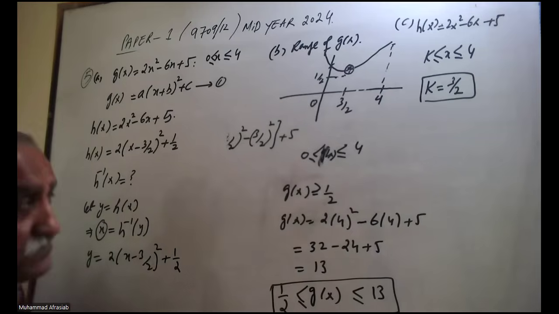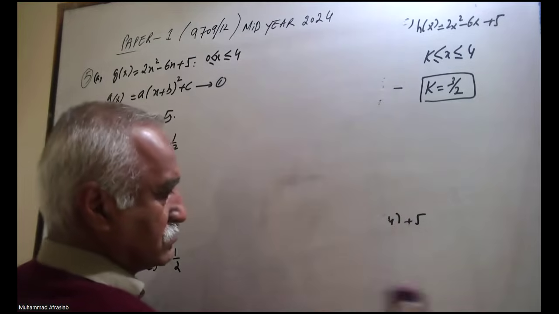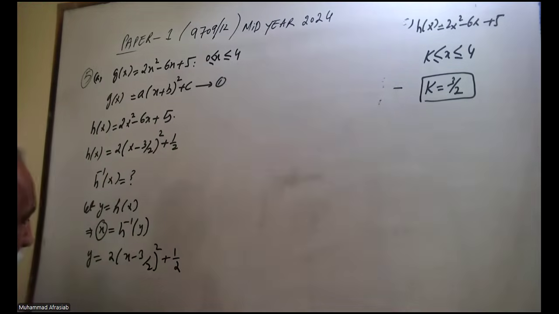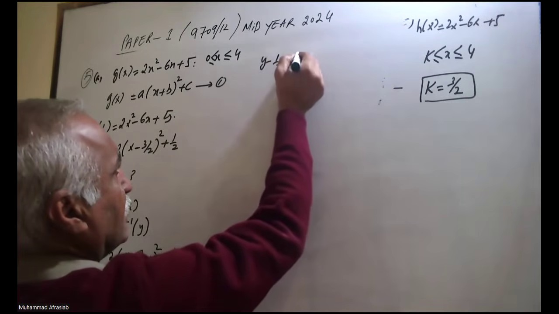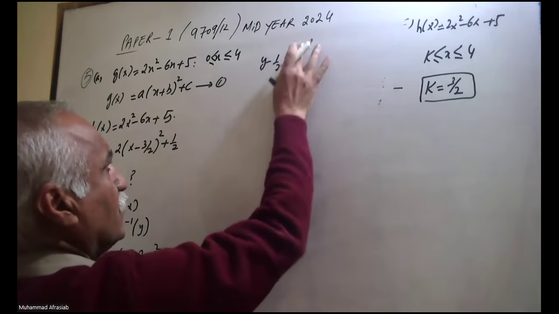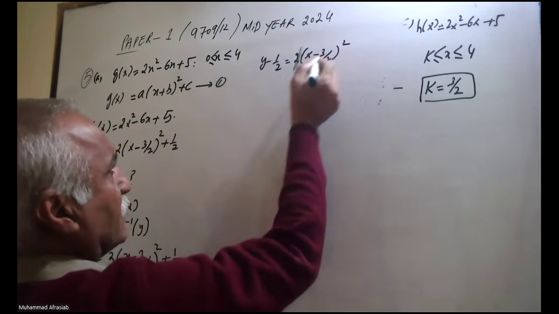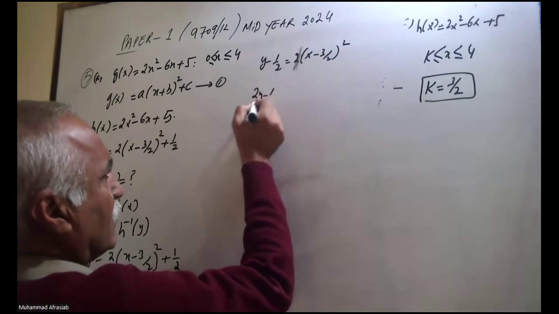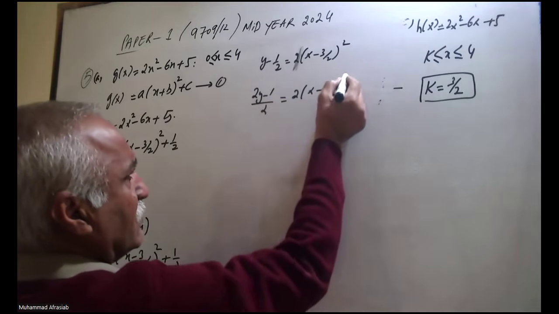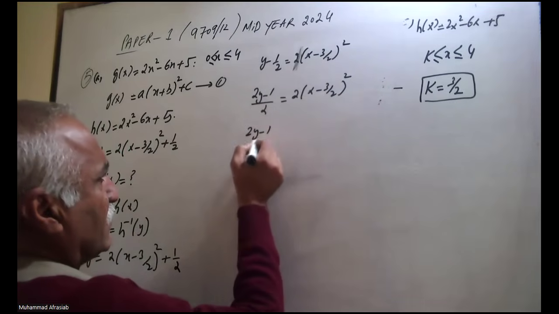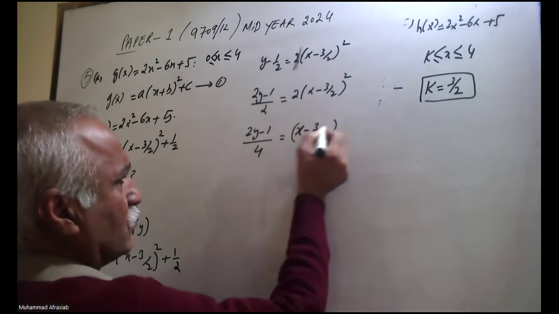So first of all, y minus half is equal to 2 into (x − 3/2)². So that is (2y − 1)/2 is equal to 2 into (x − 3/2)², or (2y − 1)/4 is equal to (x − 3/2)².